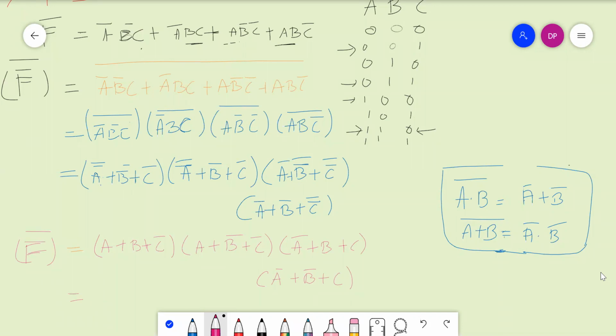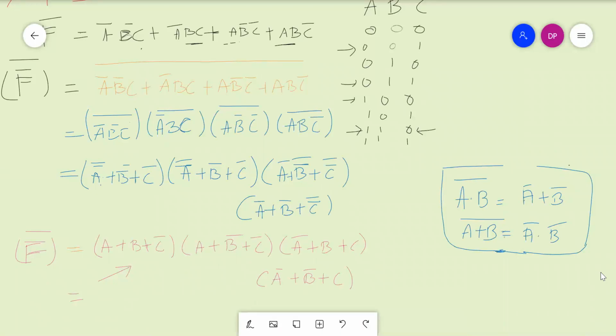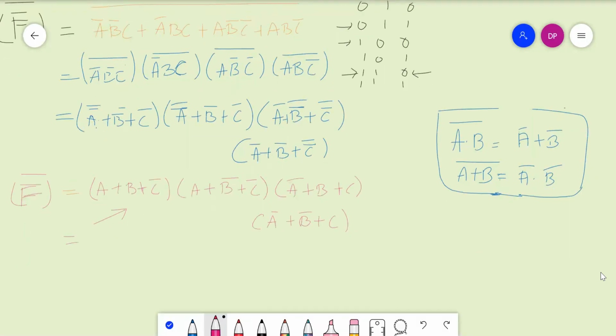Now this is in the form of what, sum of product or product of sum? Product of sum. So what we can write, this is M. One, A B C bar, what will be the expression?